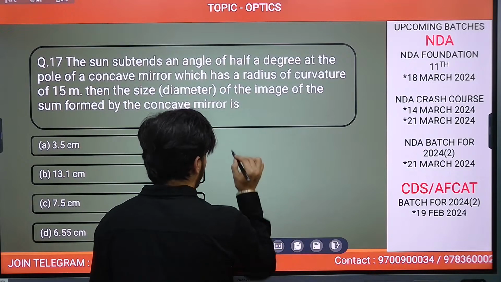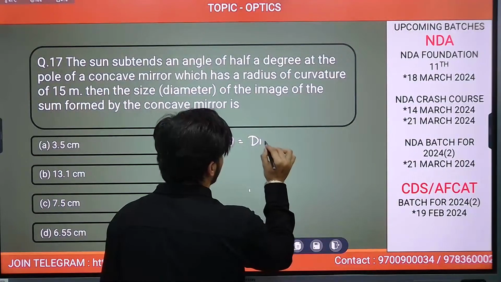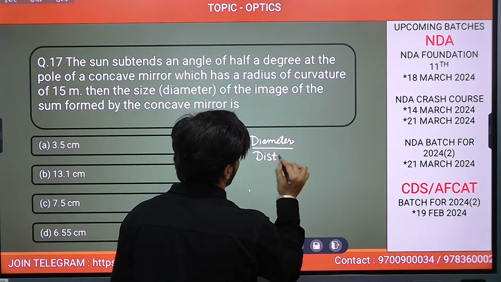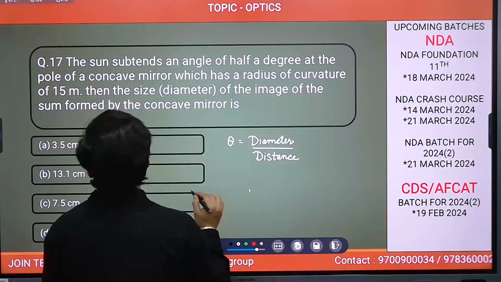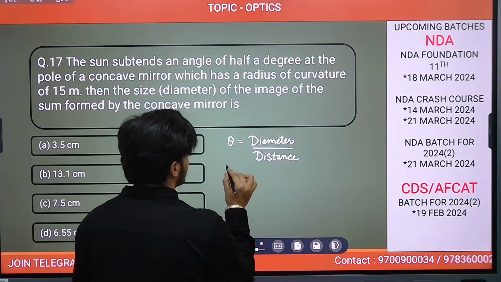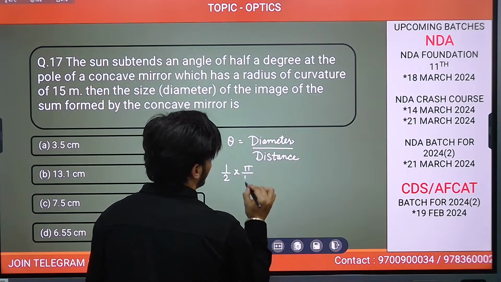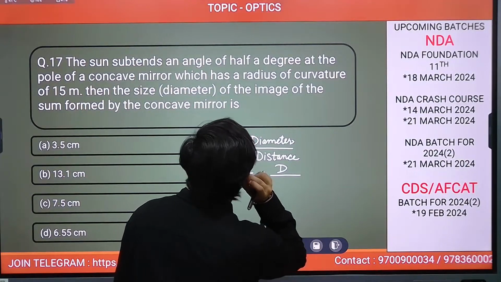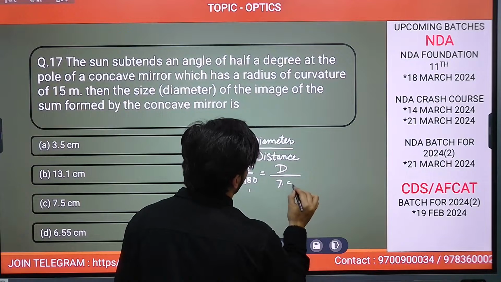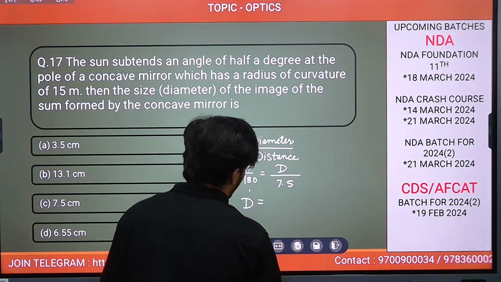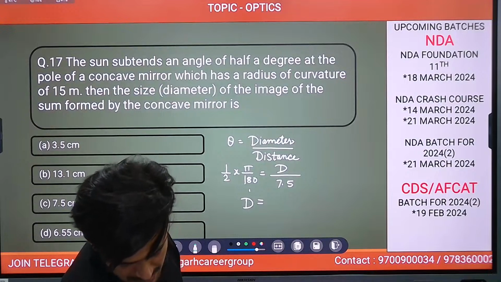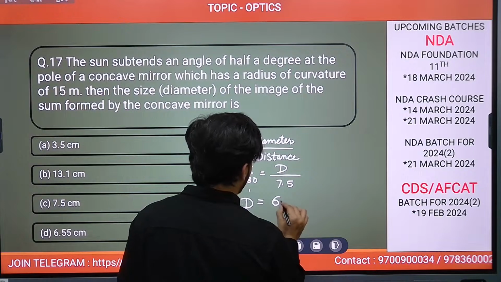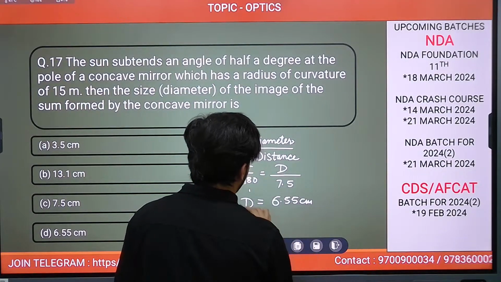Angle is equals to arc upon radius. Diameter, arc upon distance, radius. हाफ डिग्री है, उसको रेडियन में चेंज करना पड़ेगा. pi by 180 is equals to diameter, नहीं पता है, distance कितना है 15 मीटर, radius of curvature वही लेंस का हो जाएगा यानी कि 7.5. यहां से जब आप d को कैलकुलेट करोगे तो d की वैल्यू आपके पास कितनी आ जाएगी, this comes out to be 6.55 सेंटीमीटर.